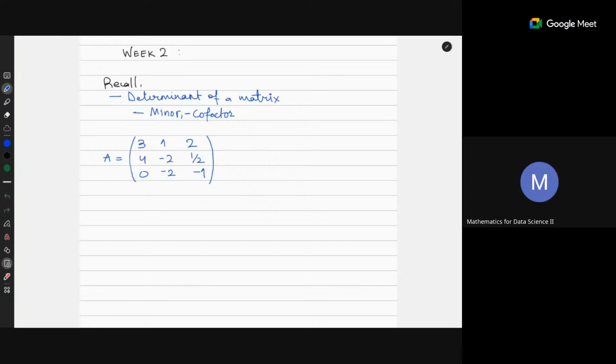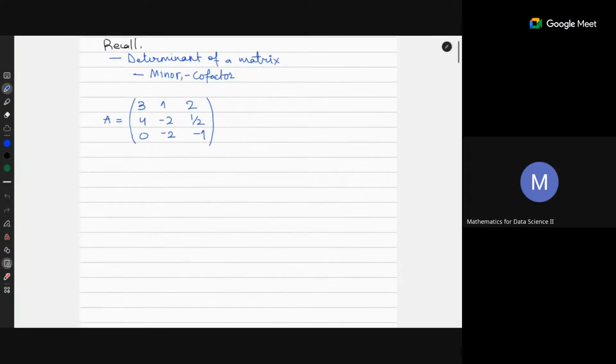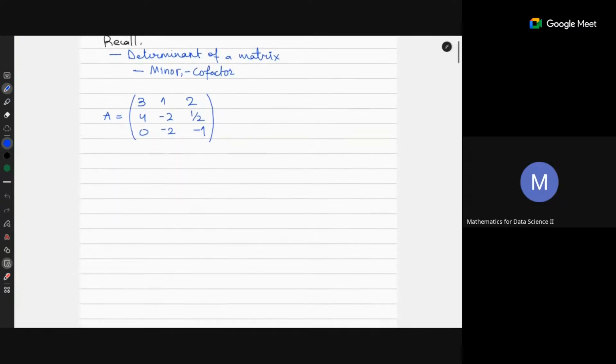Last week, in my session, we discussed vectors in R2, how to visualize that, and then vectors in Rn also. There were two types of vector that we are interested in, which were coming from our set of data.